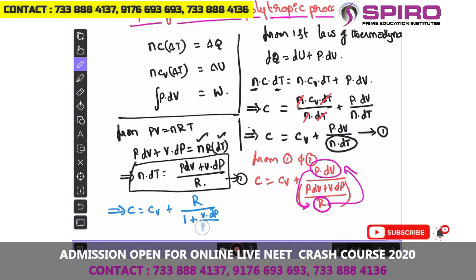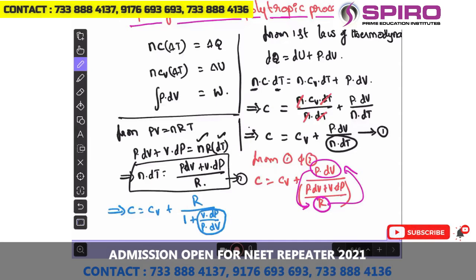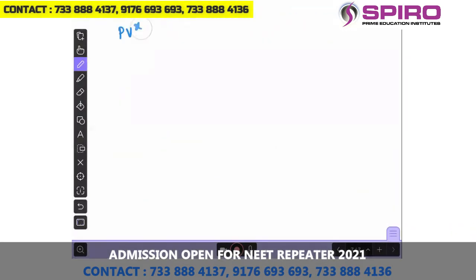What is V dP divided by P dV? Previously, we have taken the polytropic process. What was the polytropic process? P V power x equal to constant, right?